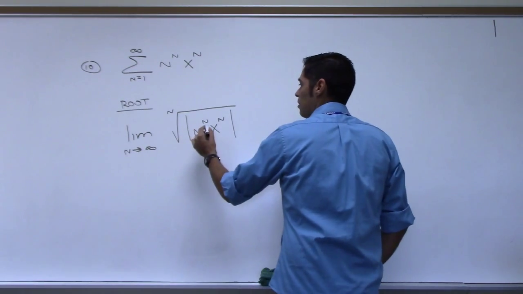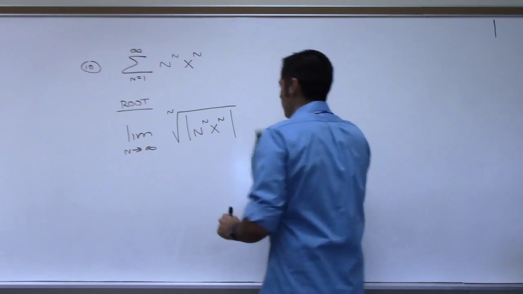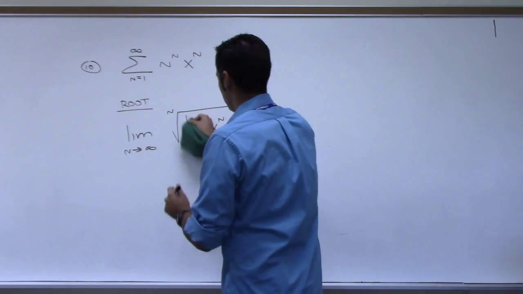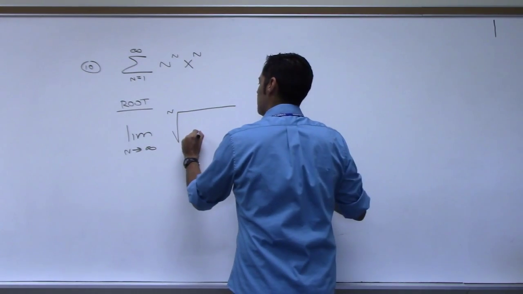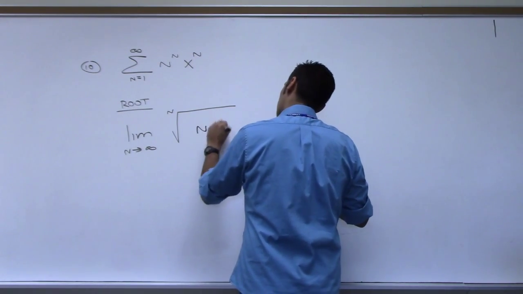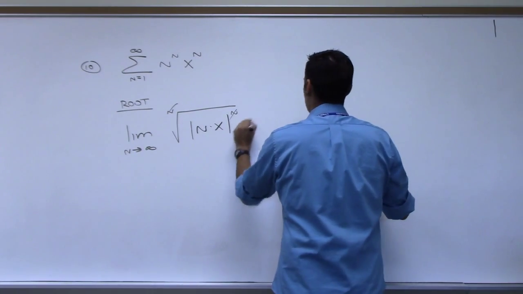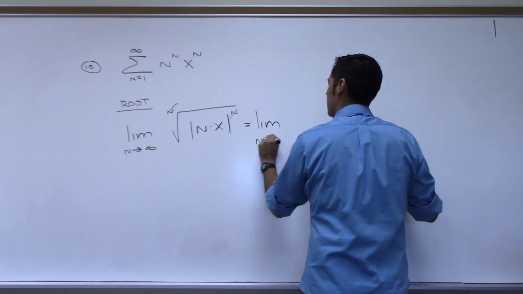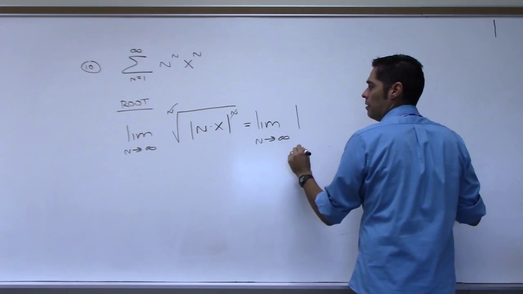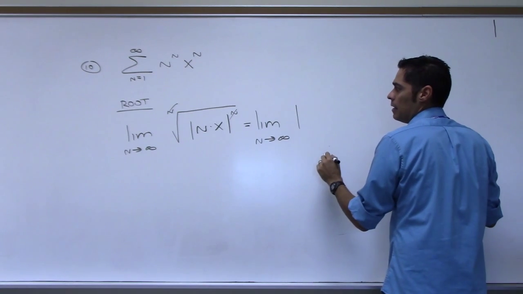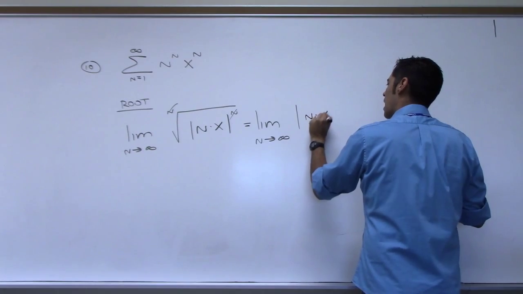So let's do this. That looks like a natural log, but that's not. It's absolute value. Actually, I don't need the absolute value because that's positive stuff in there. And then n to the n, x to the n can be written as n times x to the n, and then the roots cancel. And you just get the limit as n goes to infinity of the absolute value of n times x.